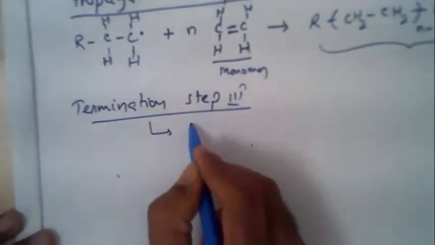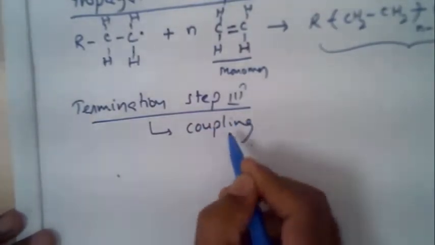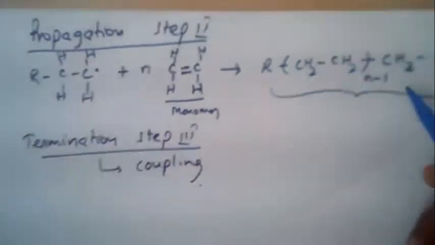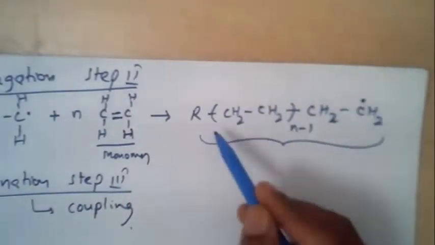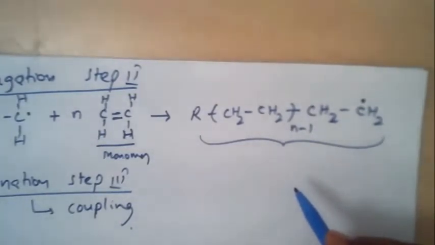One is coupling, where two such radicals connect with each other and the reaction terminates, and the polymer becomes inactive.